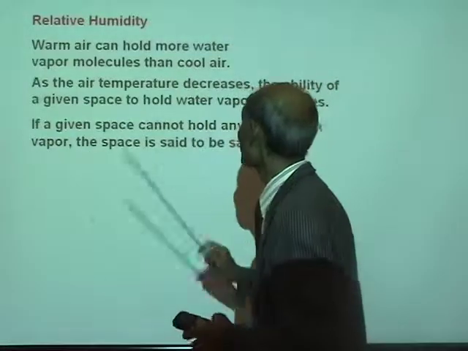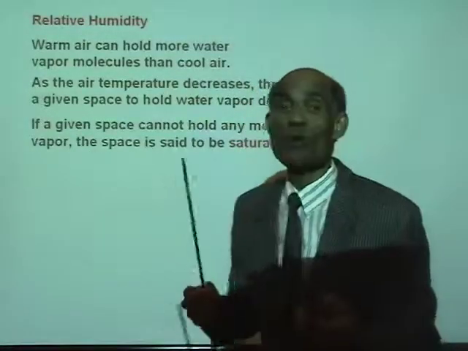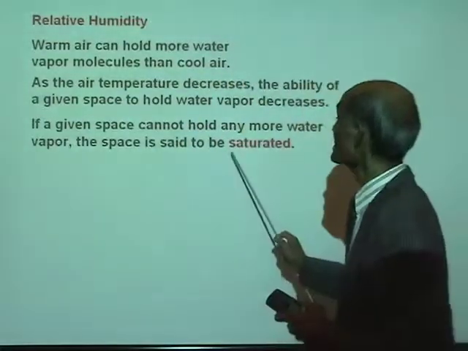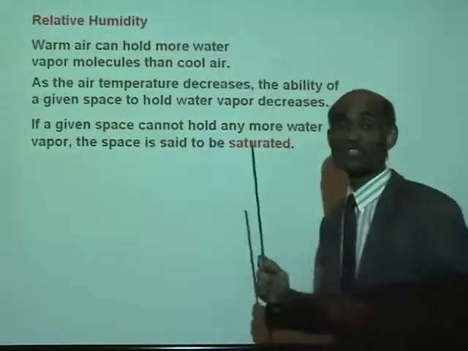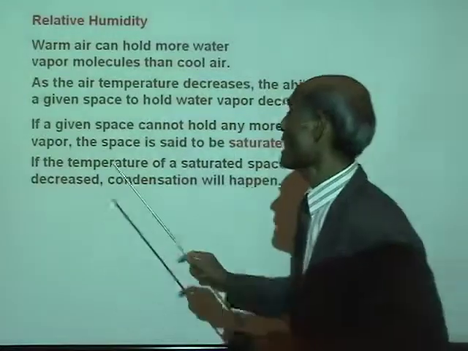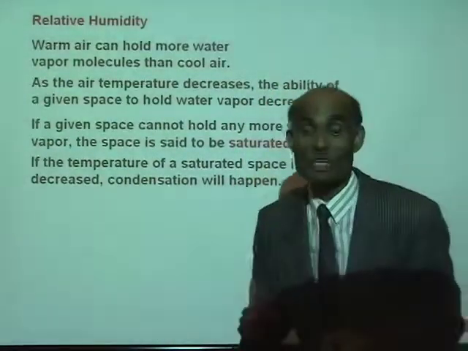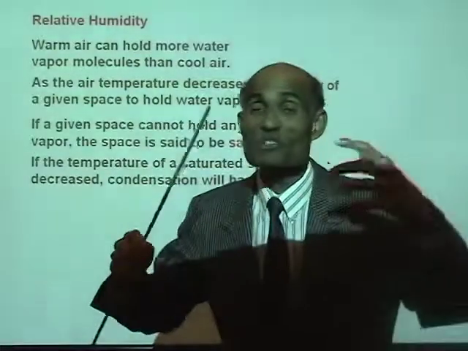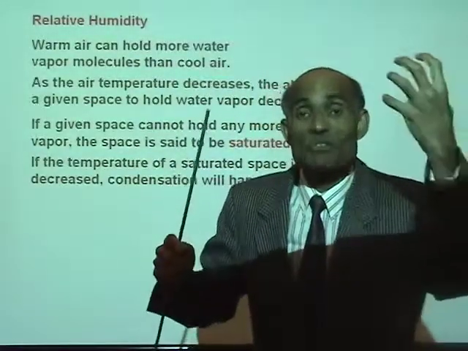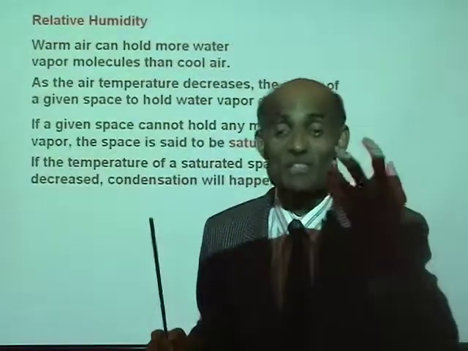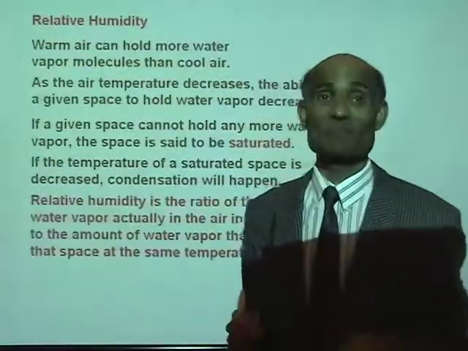If a given space cannot hold any more water vapor, that space is said to be saturated. If the space is saturated and you decrease the temperature further, then condensation will happen.